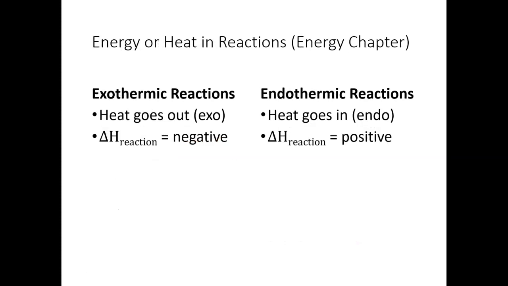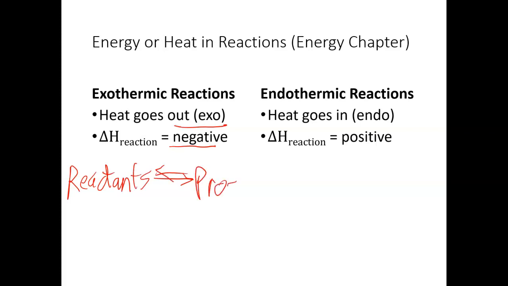As a reminder, from our exothermic and endothermic reactions, exothermic reactions have a negative delta H. You have heat coming out of the reaction. So you have your reactants, you have your products, and you have heat being released.